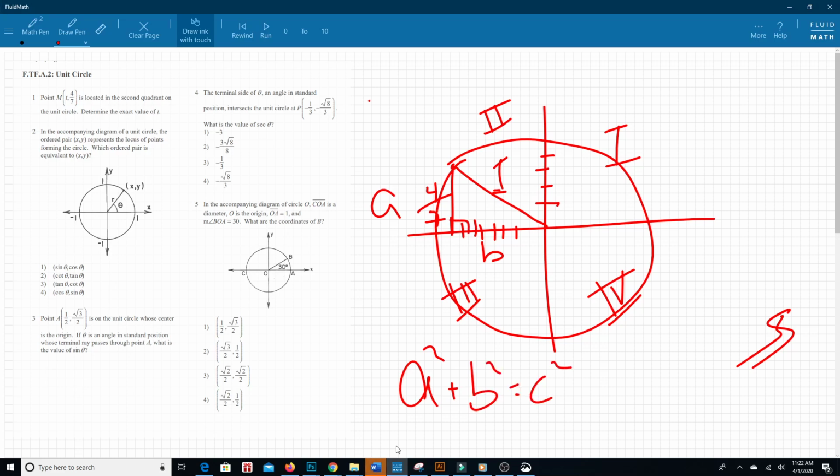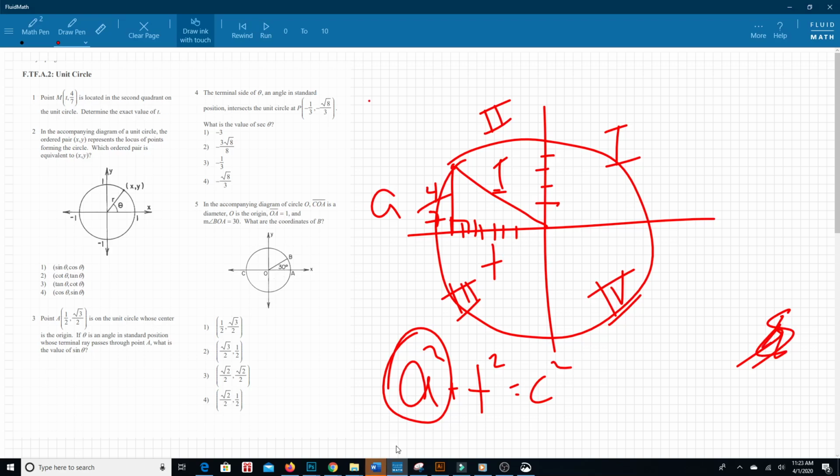Again, we have a right triangle right here. So our A squared is going to be 4/7 squared. Our B squared, we don't know what that's going to be. And our C squared is going to be 1 squared. So we want to be able to find what B squared is, which essentially will give us the X value, or a T value. Let me call it T. Make your life a little easier. I call it T squared. T.